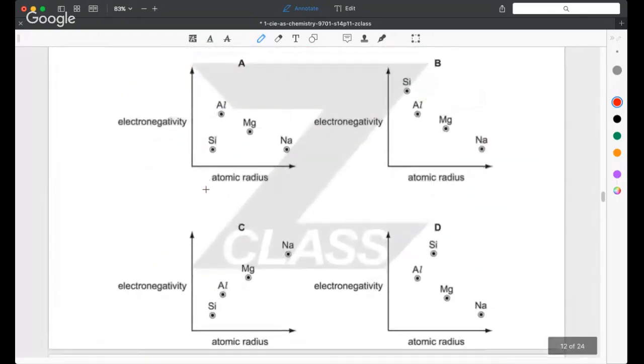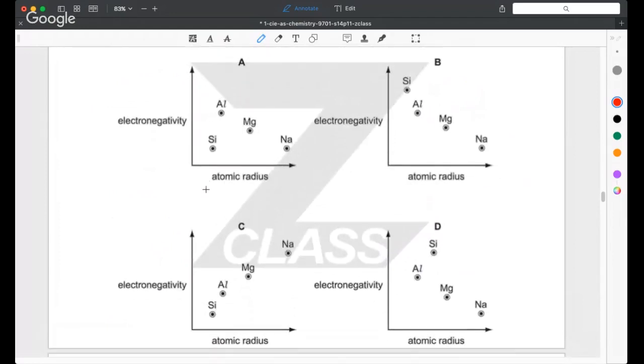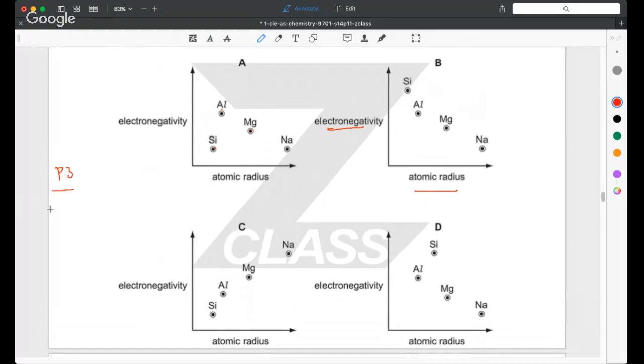This is a kind of graph that you haven't seen before. You're trying to look at the relationship between electronegativity and atomic radius. And you're given silicon, aluminium, magnesium, sodium. You need to recognize that those are all in period 3 of the periodic table. So this is a periodicity question. In period 3, you've got sodium in group 1, magnesium in group 2, and then aluminium and silicon.